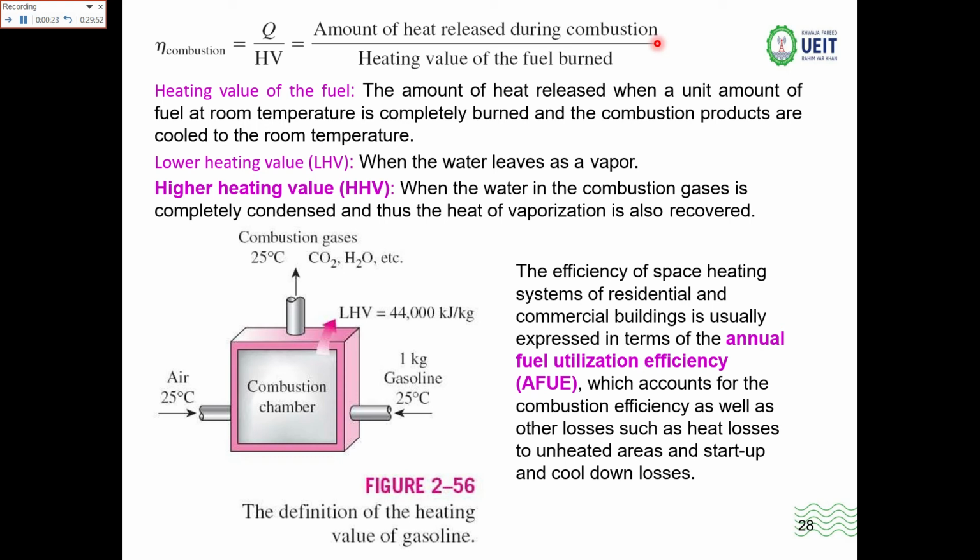The heating value of the fuel is basically the amount of heat released when a unit amount of fuel at room temperature is completely burnt and the combustion products are cooled to room temperature. So what does HV mean? Basically, if you have 1 liter of gasoline, it is the amount of energy that is released after completely burning that 1 liter of gasoline.